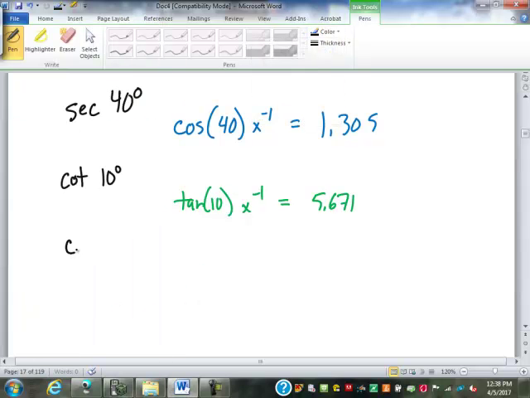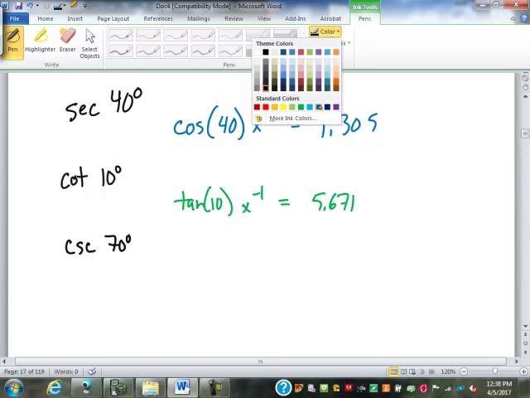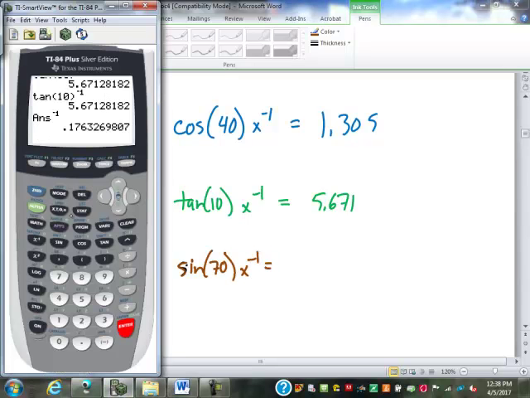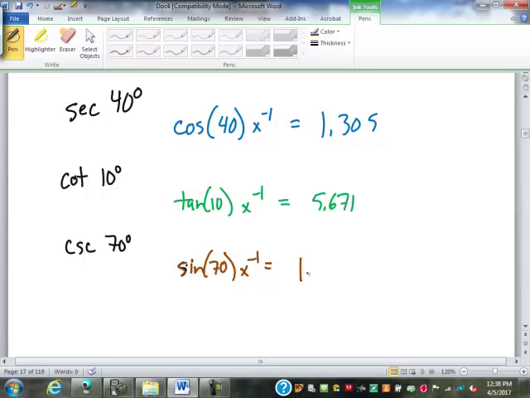So how about cosecant of 70 degrees? There you go. That sounds about right. 1.064.